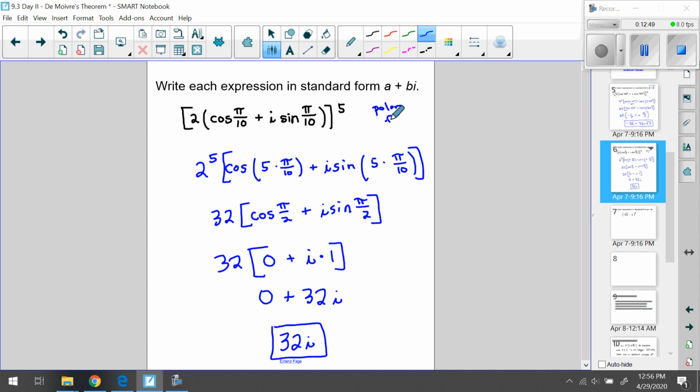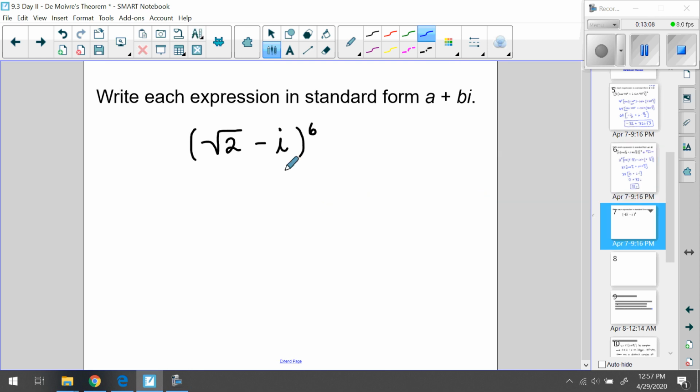And the next problem that we're given is not in polar form. So I'll let you take a guess at what that means we need to do. If we know how to do a problem in polar form, why not just change it to polar form?